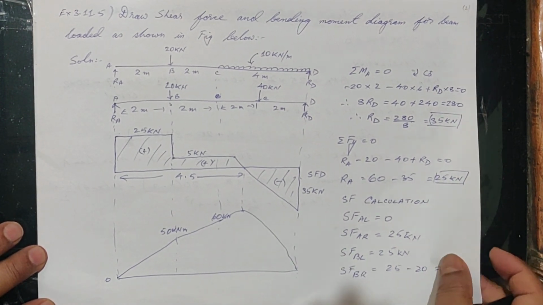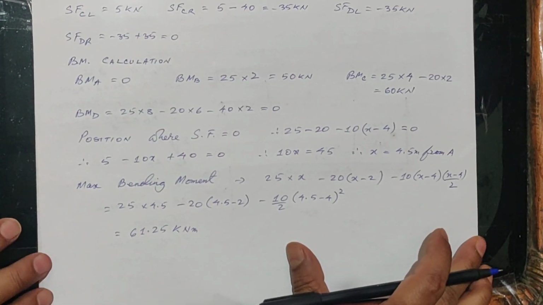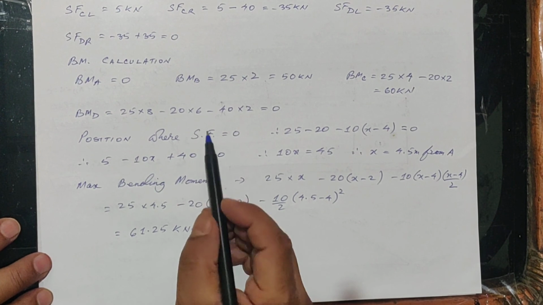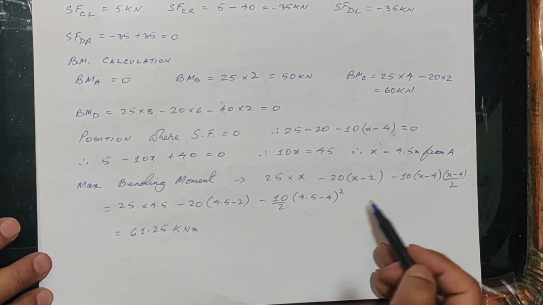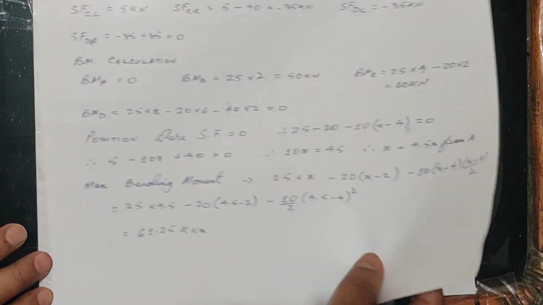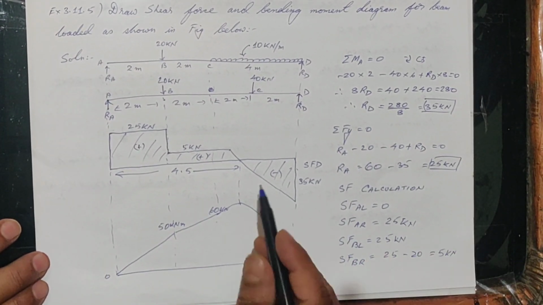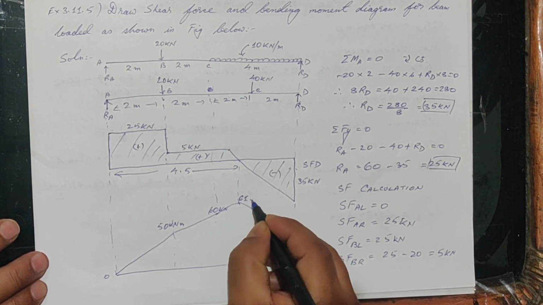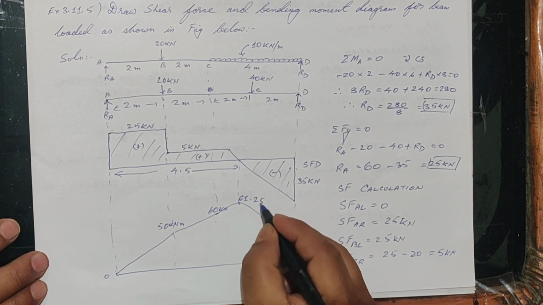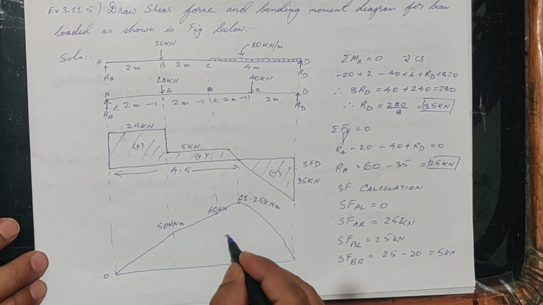Why? Because for BM, what we have is x square. Here the square is there, so that is why it will be a curve. The highest point is 61.25 kilonewton meter. And this whole thing is positive only.